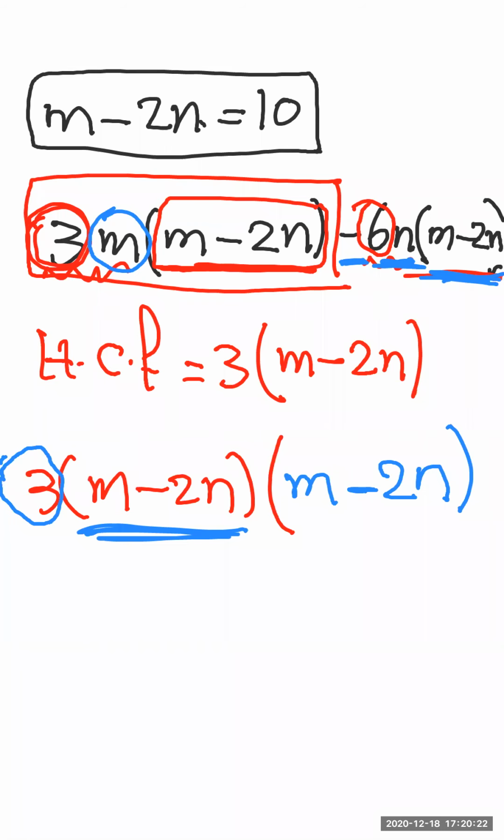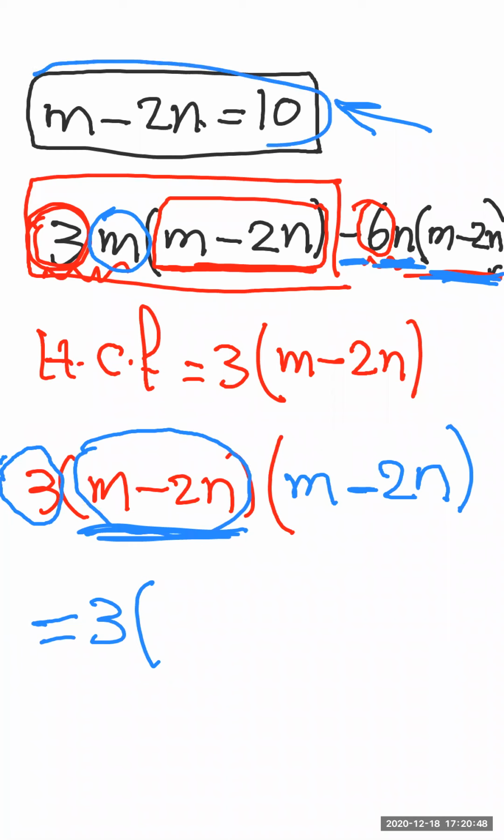What will be the next step now? I want to get the numerical value for this one. So it will equal 3 times (m minus 2n). Look at the top, guys, it's already given in the question: m minus 2n equals 10. So I'm going to substitute the value of m minus 2n, which equals 10.